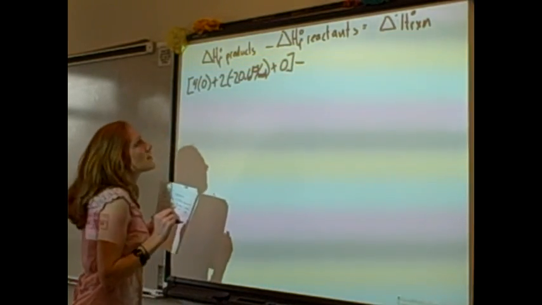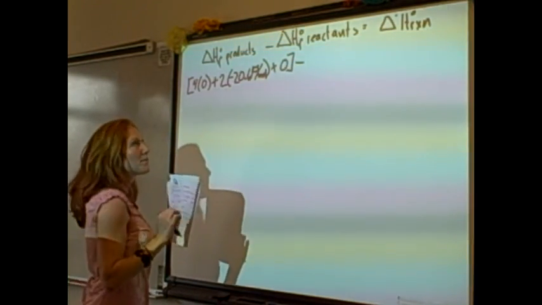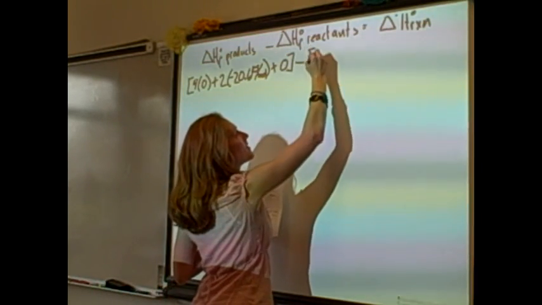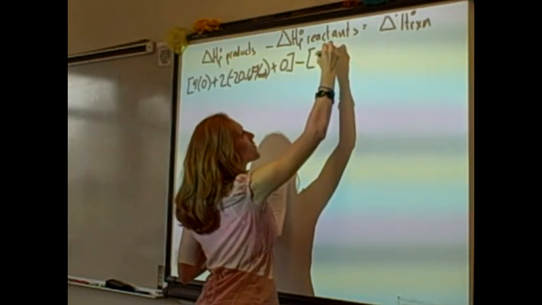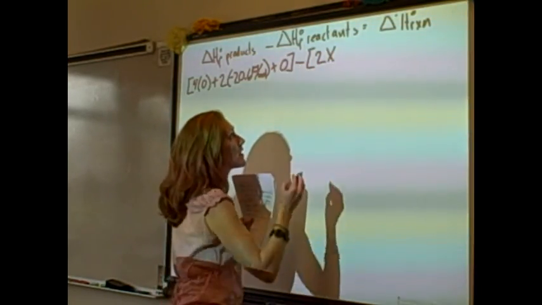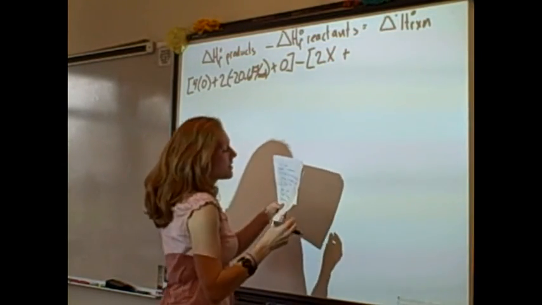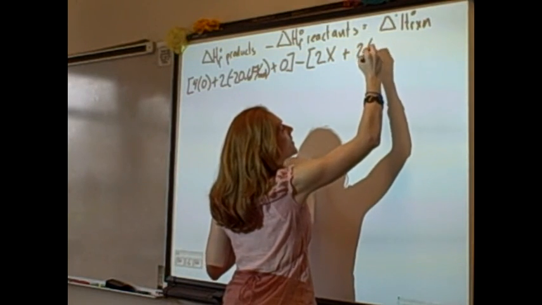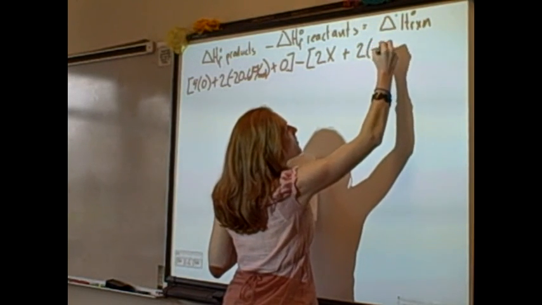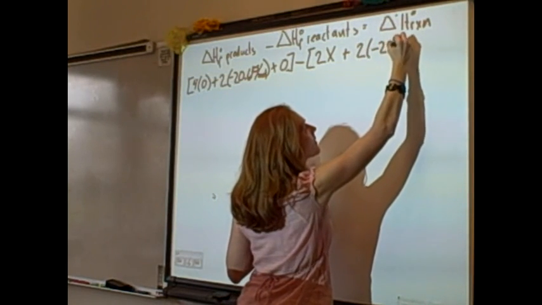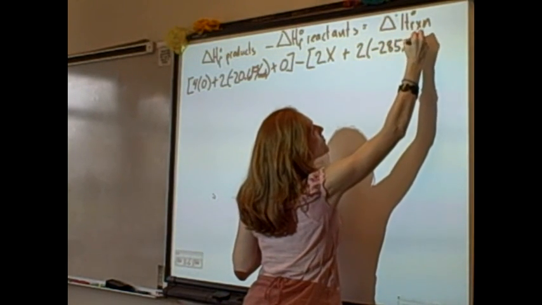Then I subtract the enthalpy of formation of the reactants, and the reactants were this silver sulfide that I don't know. I started off with 2 moles of it, so my unknown is the enthalpy of formation of silver sulfide. And also water. We had 2 moles of water, so we put in the enthalpy of formation of the water, negative 285.8 kilojoules per mole.